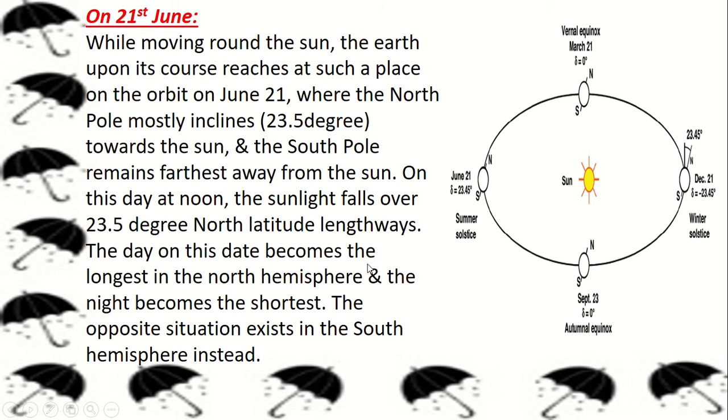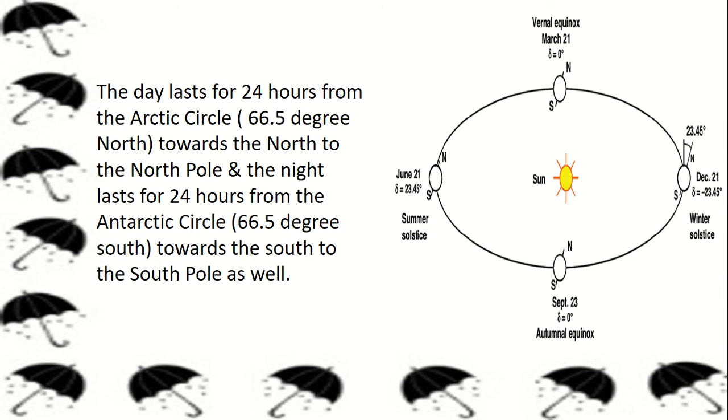This day becomes the longest day in the northern hemisphere and the night becomes shorter, and the opposite situation exists in the southern hemisphere instead. That means the southern hemisphere experiences the shortest day and longest night. So on this 21st June, the northern hemisphere will experience the summer season and the southern hemisphere the winter season.